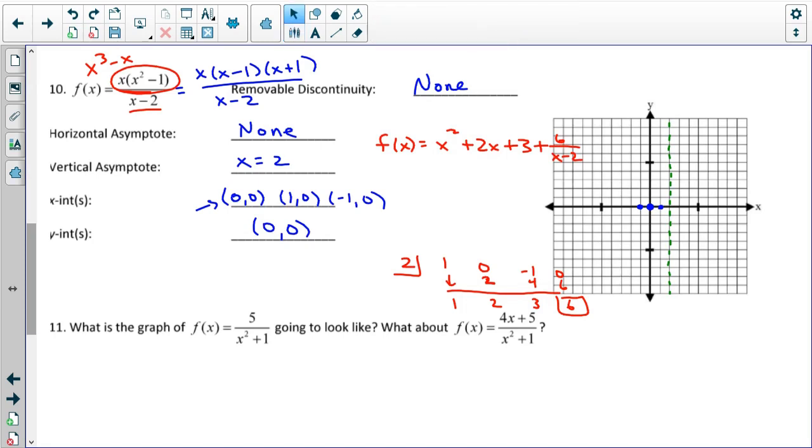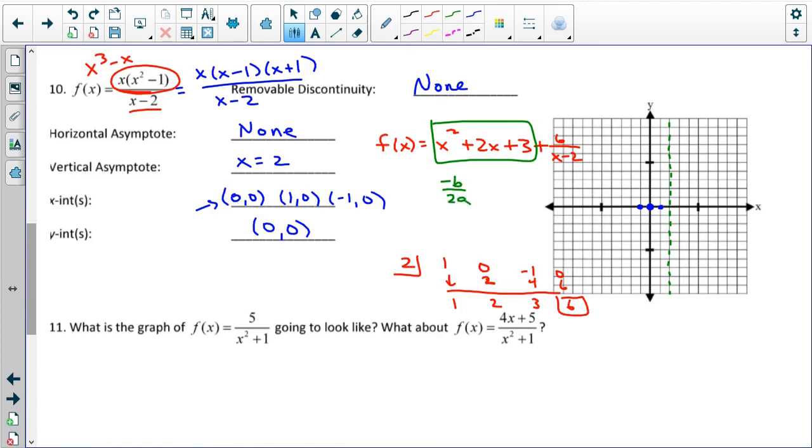So what that means is my graph will actually look a whole lot like x squared plus 2x plus 3. So it's going to look like this parabola basically, except around my vertical asymptote. The parabola would have negative b over 2a as its vertex.